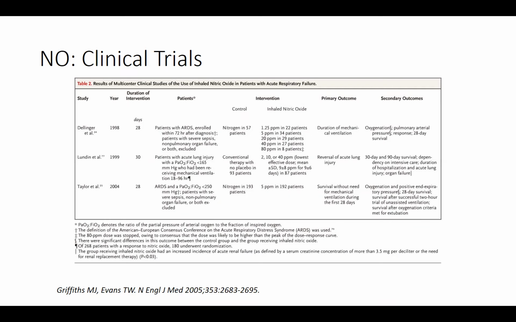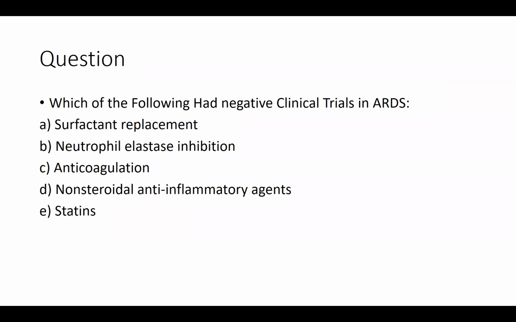Even though that one is expensive too, it's actually much cheaper than nitric oxide. Nitric oxide has been tested since 1998, and most trials look at oxygenation. Results are mixed. It does improve oxygenation. You can see it, but the effect is not lasting.